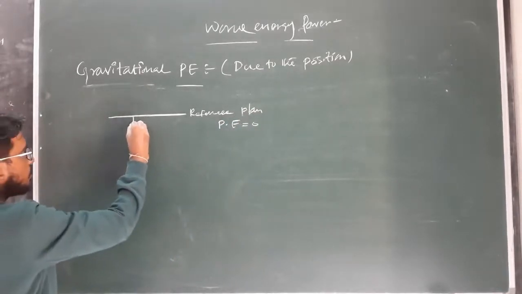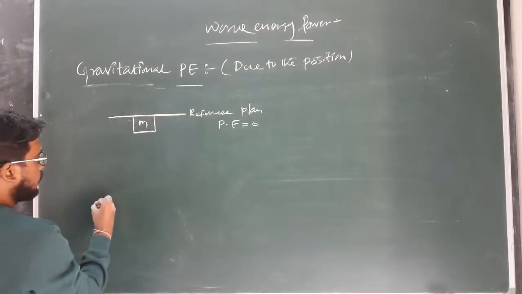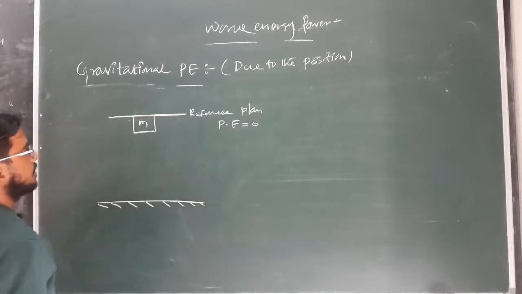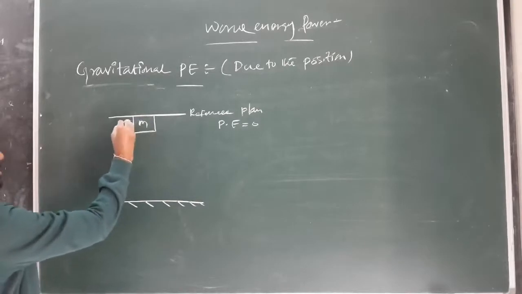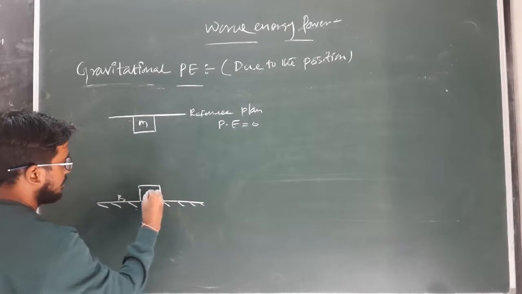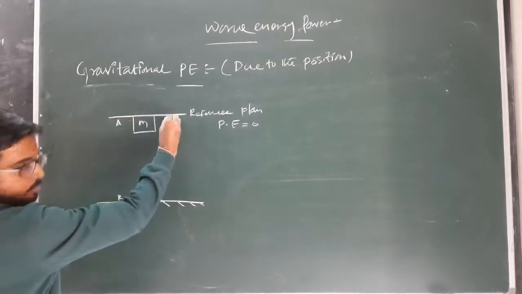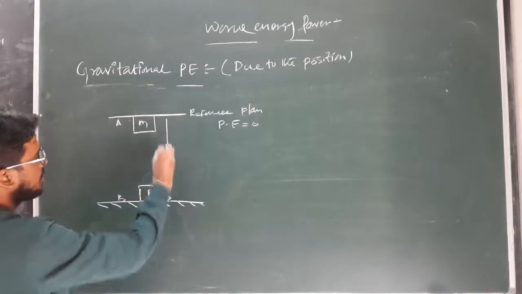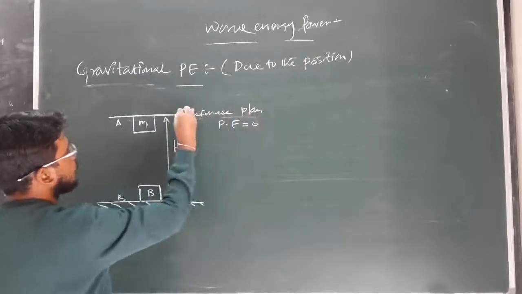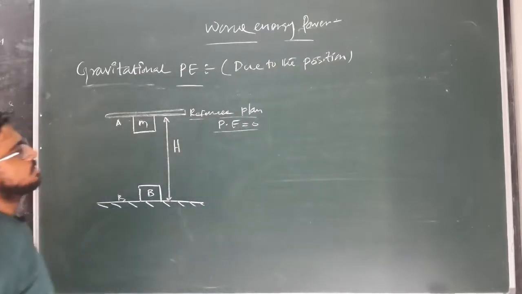Then if the block from this position drops to the ground, okay, let this height position be B, this position be A, and the distance between these two positions is H. Now I am considering the reference plane as the top level at a height H, where the potential energy is considered to be 0.